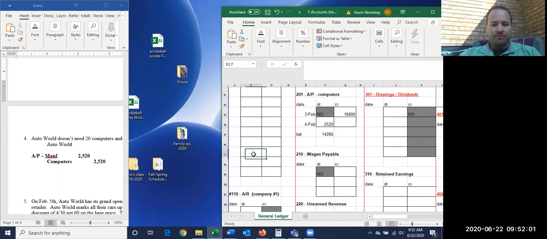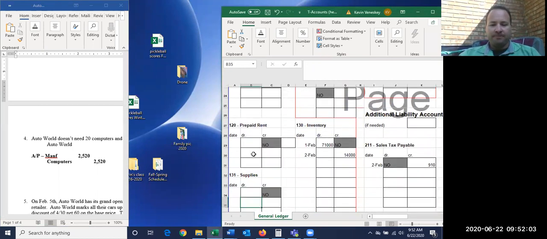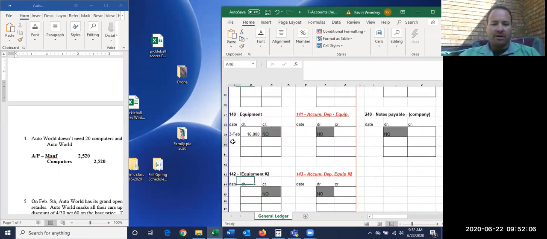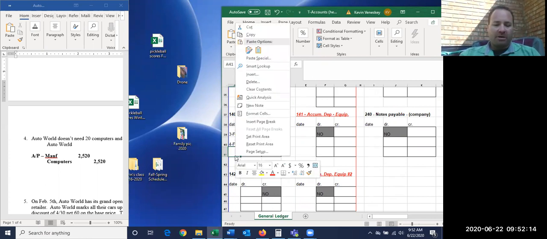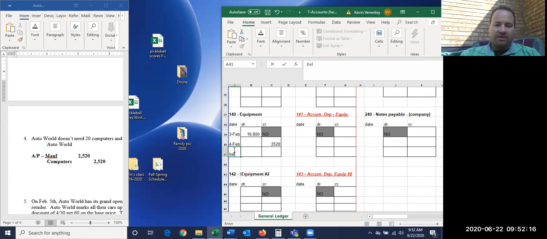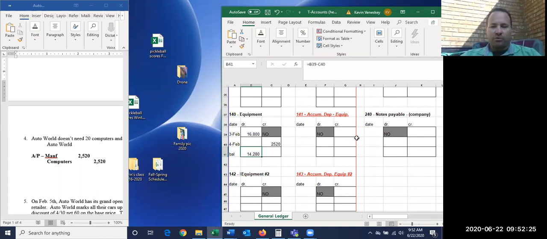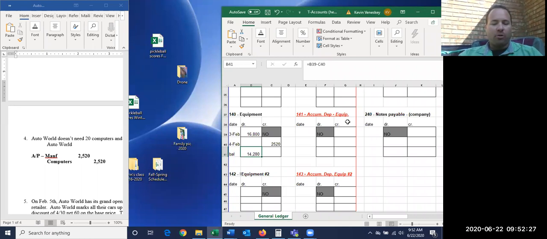And then the computers, I'm returning 2520. So I come down to my computer account, 2-4, and show that I have 2520 as a credit. And then if I wanted to balance this out, I could easily do that at this point. It shows how much in actual computer costs I have: $14,280, which was the same then as the account payable.